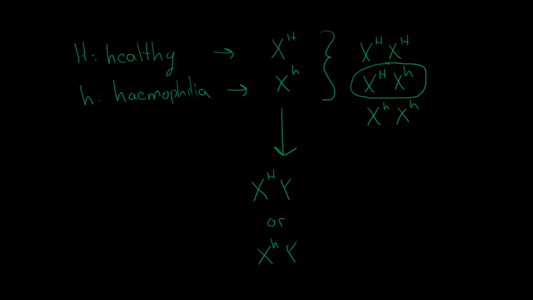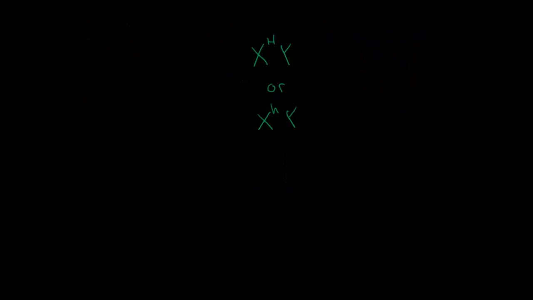So now we can do exercises and do different crosses to see how this works. So we continue with hemophilia, and imagine now that we have a female that is a carrier, so she's heterozygous, and we have a male that is healthy. So no hemophilia in this male.